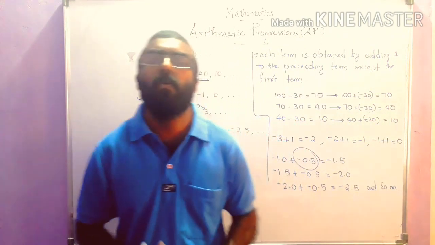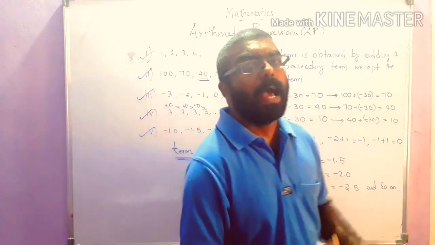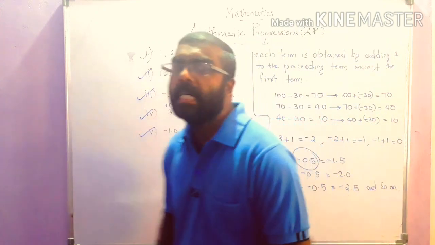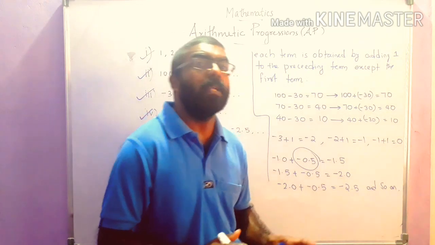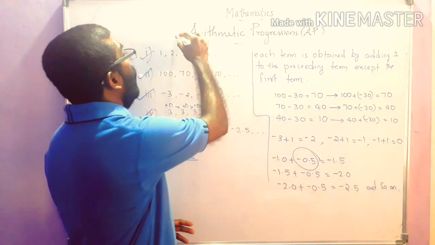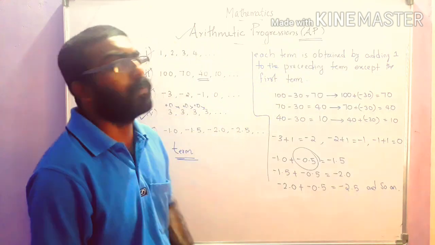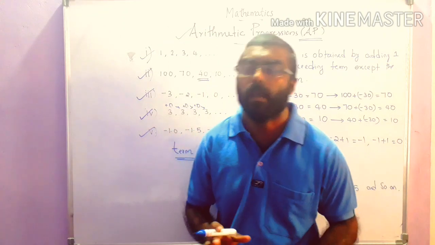In all the lists above, we see that the successive terms are obtained by adding a fixed number to the preceding term. Such a list of numbers is said to be an arithmetic progression, or simply we can write AP. The short form of arithmetic progression is what? AP. Okay.